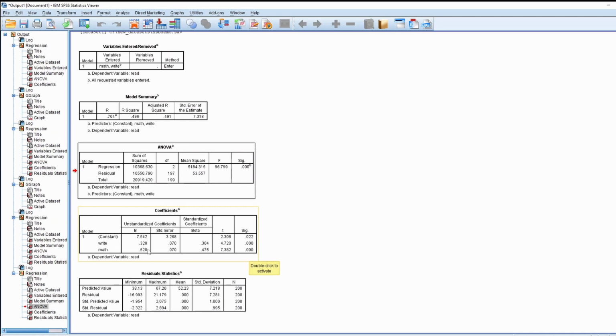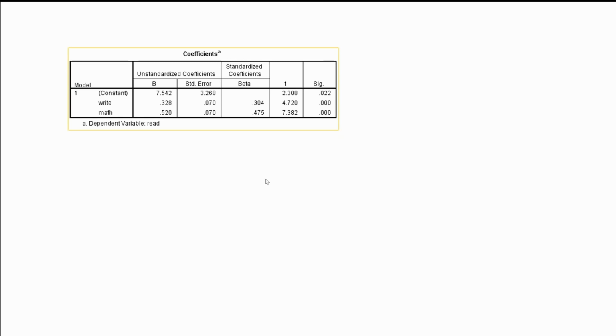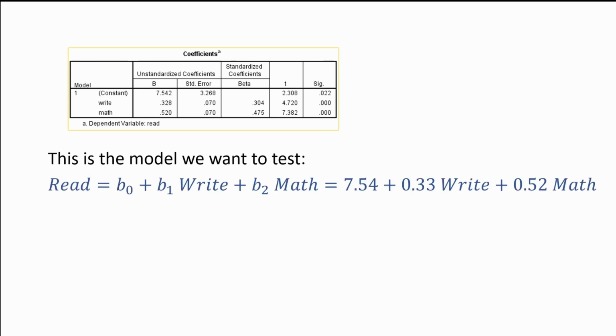I have prepared a slide for this. Let's go there. So this is the table we just saw. What it means is that basically we can rewrite the model we would like to test. We want to estimate the intercept, the regression coefficient for writing, and for math. The first one is the intercept, the second one, 0.328, is the regression coefficient for writing, and 0.52 is for math.